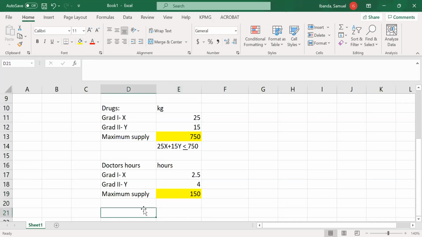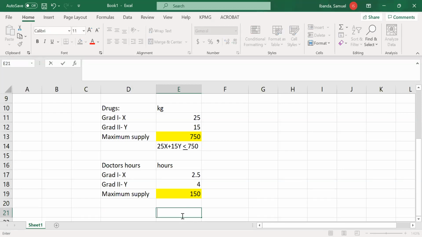So our equation or function is going to be 2.5x plus 4y.